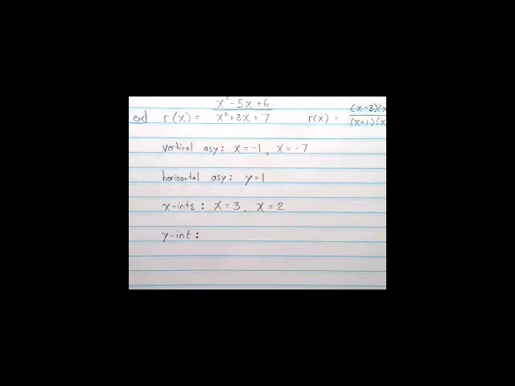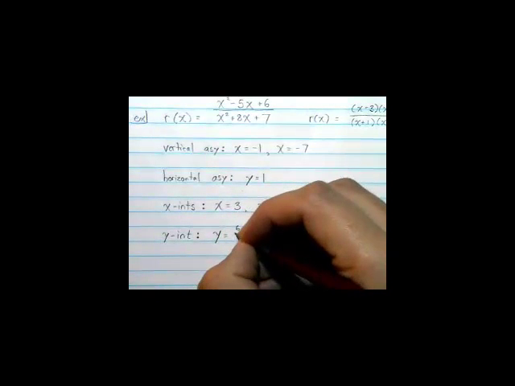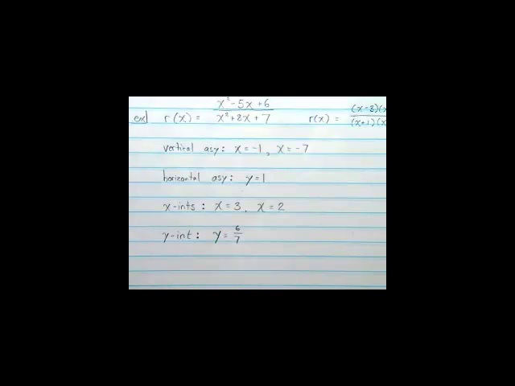So I can just go up to this original and say, all right, everywhere x is 0, get rid of all of that. What do I have? 6 over 7, right? There you go. There's your y-intercept, 6/7. Okay, so that original is much easier for that. Just get rid of every term that has an x and what's left over, that'll be your y-intercept.